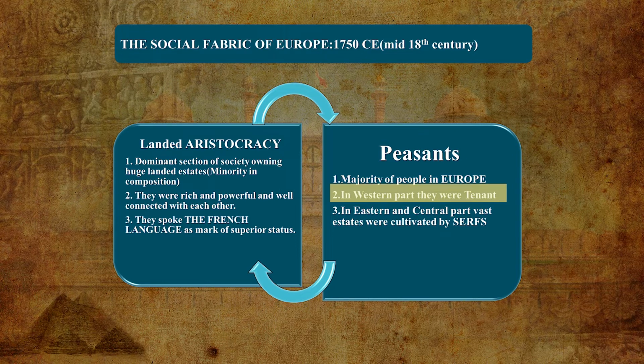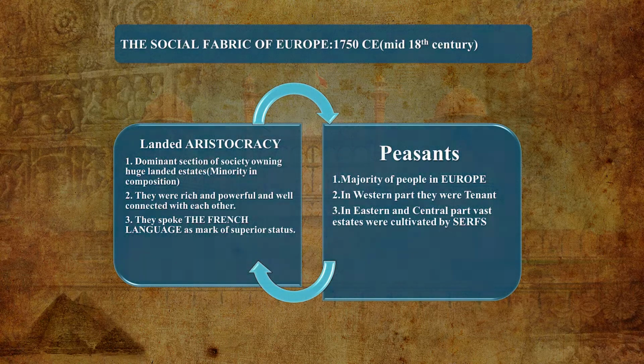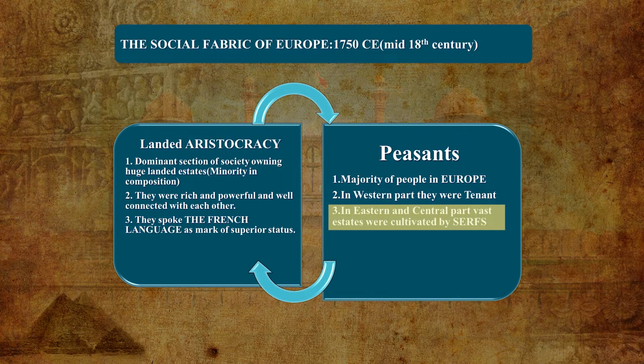They were more like tenants working on somebody's land and getting some kind of benefit. So the exploitation in western Europe was not as much as in eastern Europe. In eastern Europe, they had the concept of serfdom, where peasants and farmers were attached to the land and could not change. So these peasants were exploited.